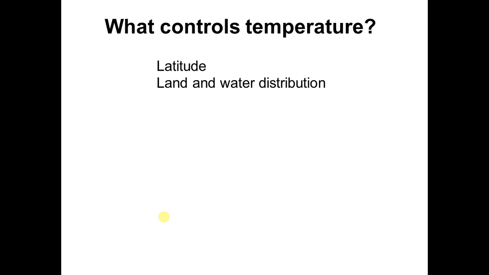And another factor that determines temperature over time is ocean currents. Ocean currents can carry warm water and energy northward from the tropics into the mid-latitudes in the northern hemisphere, southward from the tropics to the mid-latitudes in the southern hemisphere.